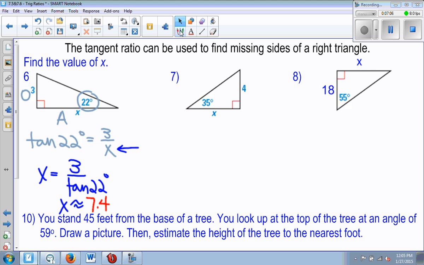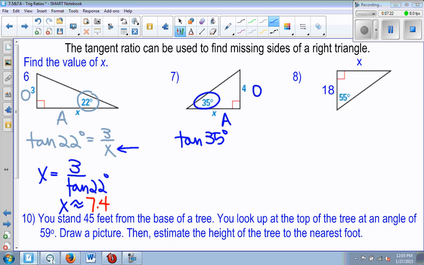Same thing's going to happen again when we do the next one. I'm going to first circle the 35 degrees, and then label the sides. The 4 is opposite, the x is adjacent. Anytime I see O and A, we're going to use the tangent ratio. So tan of 35 degrees is equal to the ratio of 4 over x. Since x, again, is in the denominator, we're going to divide in order to solve the problem.